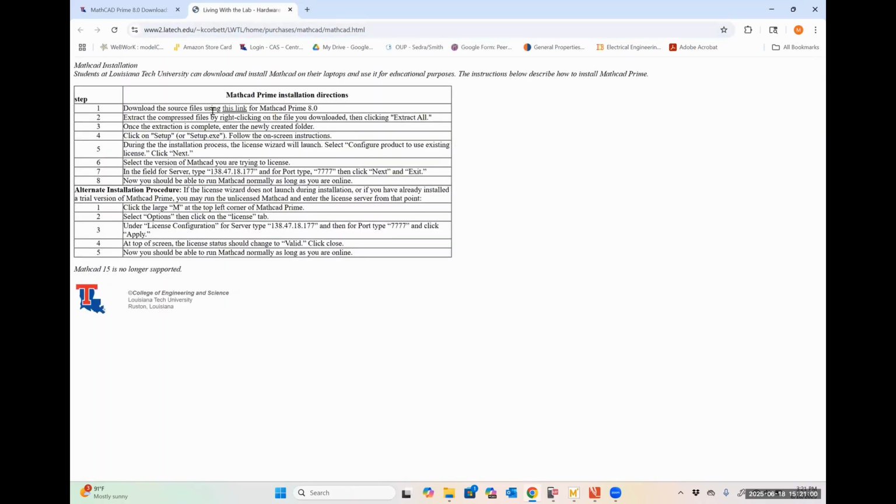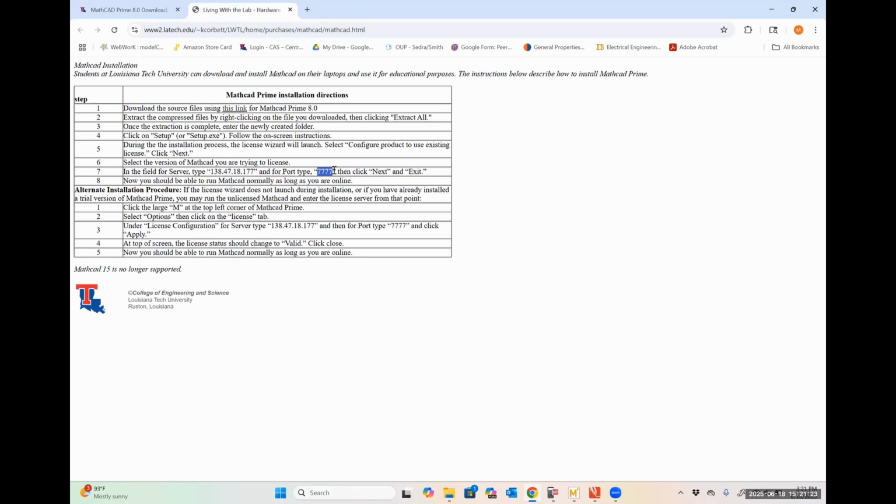now it brings you to all of the instructions. So a third link, this is where you actually get to download the thing. And then it has some instructions on setting stuff up. For what it's worth, you need to use this IP address for our license server and this port.